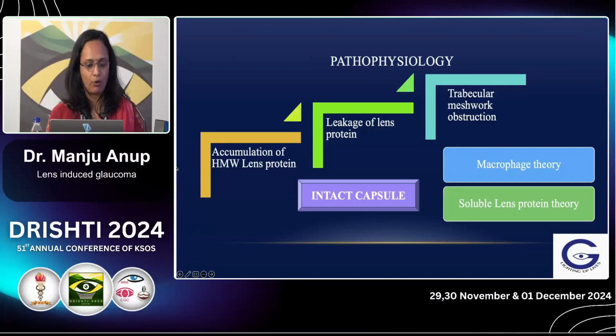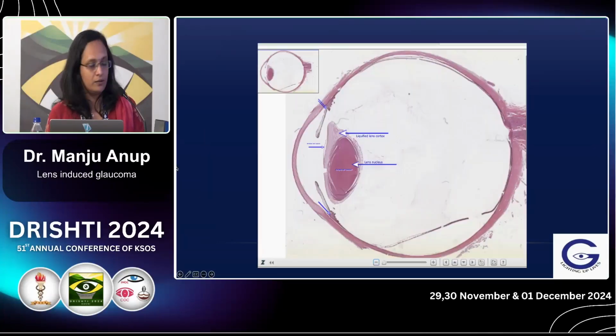These lens proteins will leak through the microscopic openings in the intact capsule of the mature cataract, and either directly obstruct the trabecular meshwork, as in the soluble lens protein theory, or get engulfed by macrophages and cause trabecular meshwork obstruction and glaucoma. This is a microscopic picture showing a liquefied cortex and wrinkled capsule in a Morgagnian cataract.